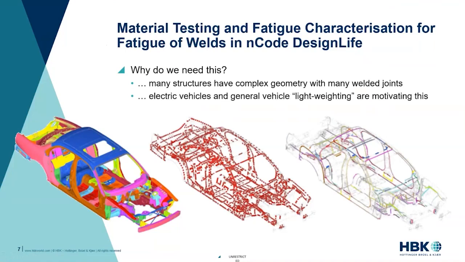Electric vehicles and also general vehicle lightweighting is driving the automotive industry in particular, and other industries as well, to reduce material thickness and/or to use lighter materials like aluminium.